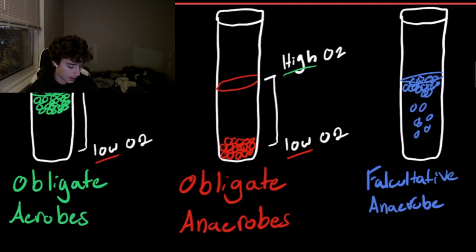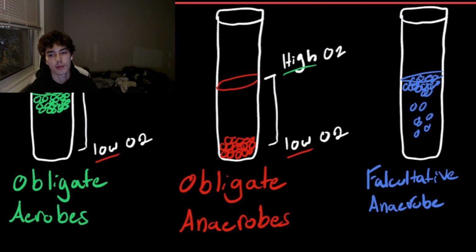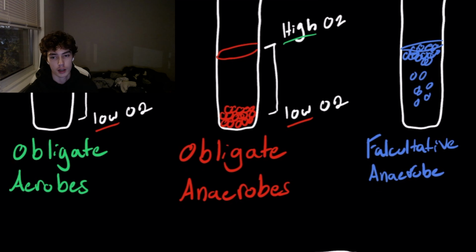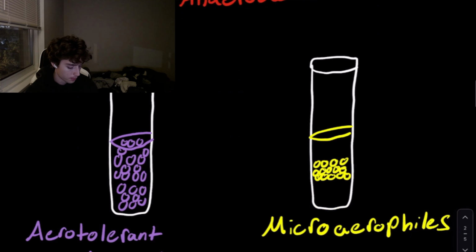Whereas obligate anaerobes are going to be all the way at the bottom of the tube because the concentration of oxygen is lower compared to up top. Facultative anaerobes are mainly at the top, but they can also float around near the bottom. They can grow with or without oxygen, but they prefer oxygen, so most of them are at the top.